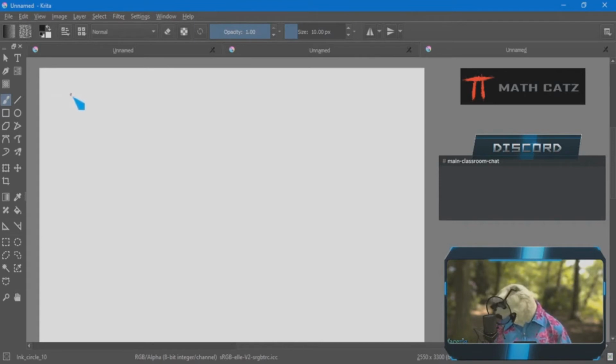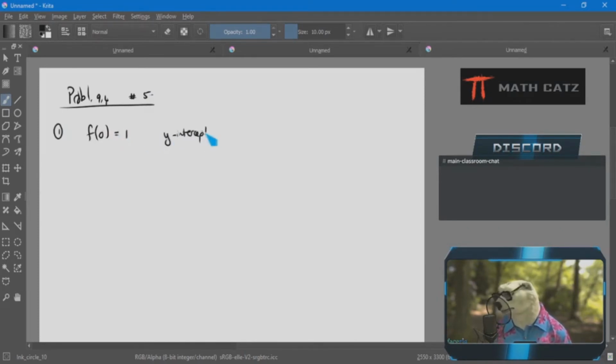I'm staying on topic. So we are looking at a problem in our problem set 9.4, number 5. Okay, so we have a Y-intercept at 1 again. I have a lot of points actually.